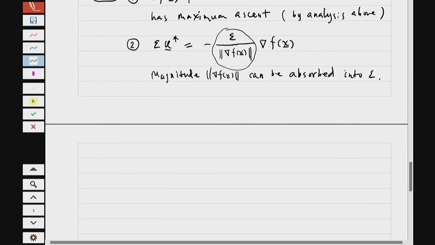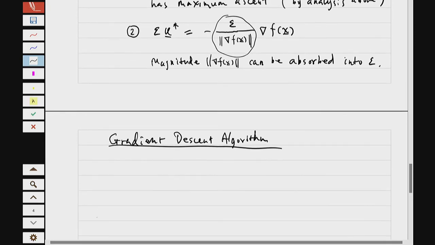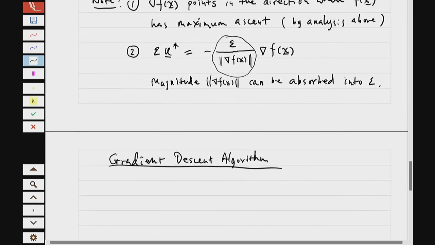We have a bit more to say about that point, okay? But before that, let's write down the gradient descent algorithm. But first of all, any questions about everything so far? Yes?